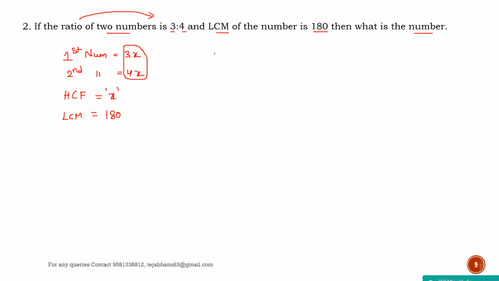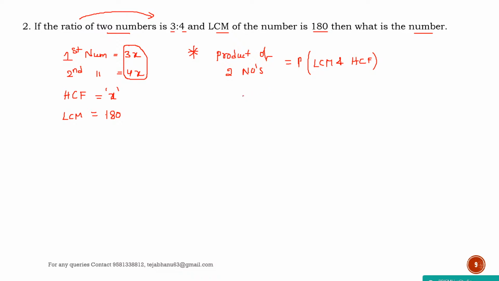We know the basic formula for LCM and HCF: the product of two numbers is equal to the product of their LCM and HCF.